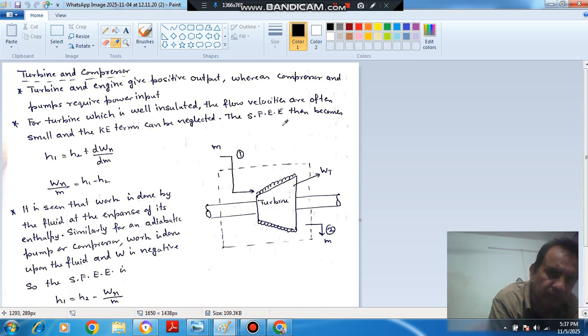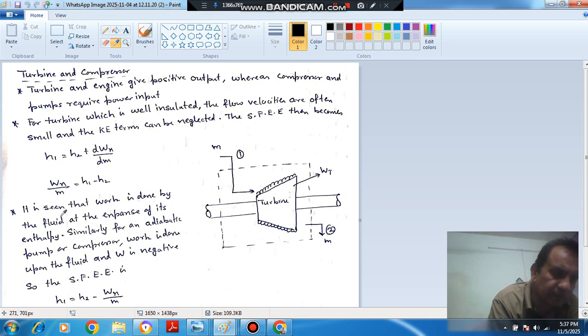The steady flow energy equation then becomes h1 is equal to h2 plus dWx by dm. Insulated means no heat is being supplied. Flow velocities are the same, so kinetic energy is the same at the inlet and outlet, and the level is also the same, so potential energy is also the same. So the steady flow energy equation then becomes h1 is equal to h2 plus dWx by dm, or Wx by m is equal to h1 minus h2.